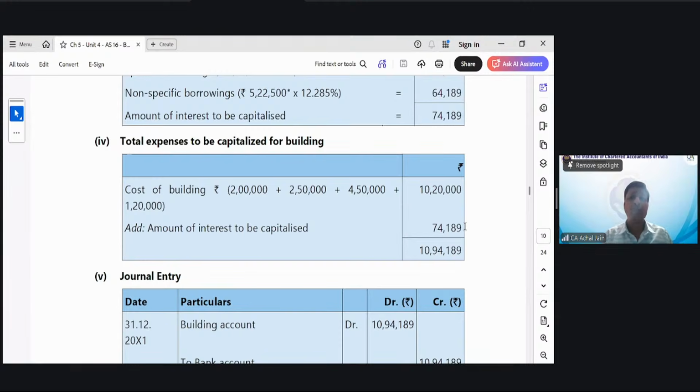I'm talking about the actual amount, absolute values, not the weighted average. To this, what do you add? Interest to be capitalized, which we have calculated in step 3, 74,189. So what is the total amount that you get? 10,94,189.